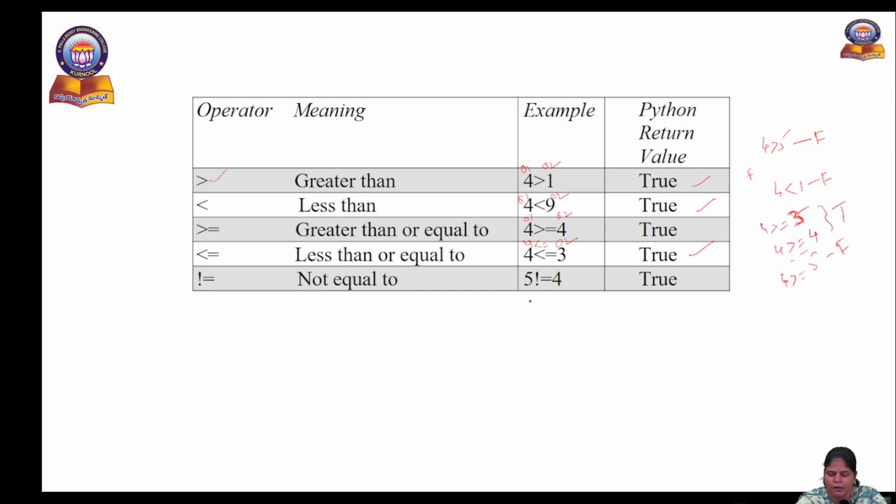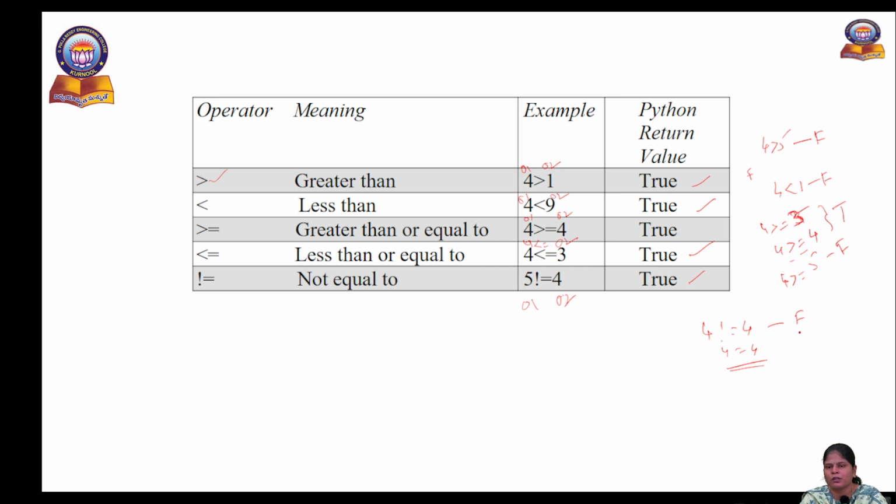And then we have not equal to. Whether operand 1 is the same as operand 2, it will give false. If it is not the same as operand 2, is 5 equal to 4? Is 5 the same as 4? No. So that's why it is giving true. We can specify 4 not equal to 4: false, because 4 is the same as 4, right?